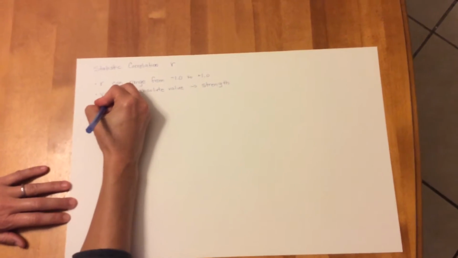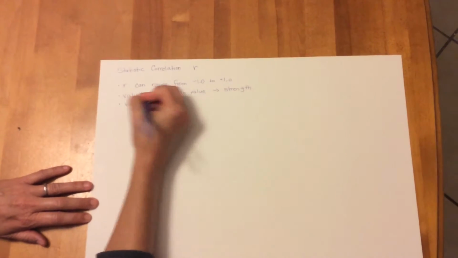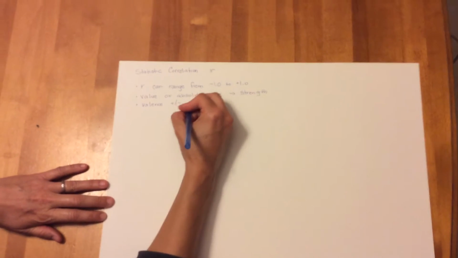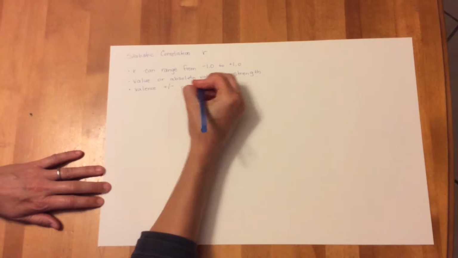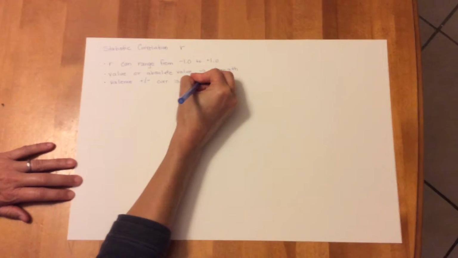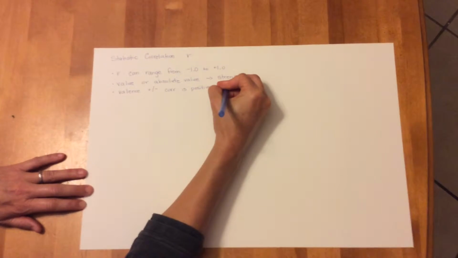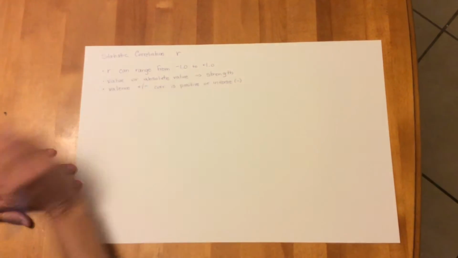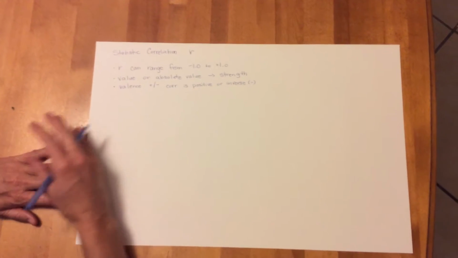Whereas the valence, or the plus or minus sign, indicates whether the correlation is positive or inverse. So a negative would be an inverse correlation. I'm going to give you a couple of examples of how you could see this in a graph.